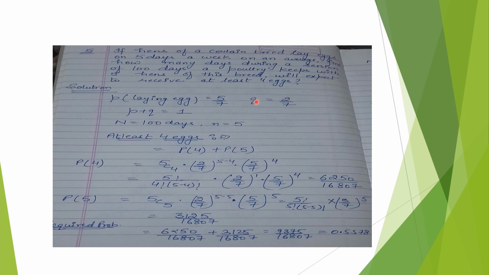Now they are asking for the probability of receiving at least 4 eggs. So calculating the probability of at least 4 eggs will be like this. Now we have to calculate the probability of at least 4 eggs, and they are laying eggs 5 days in a week on an average basis.